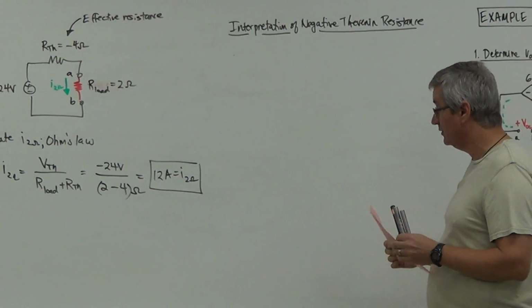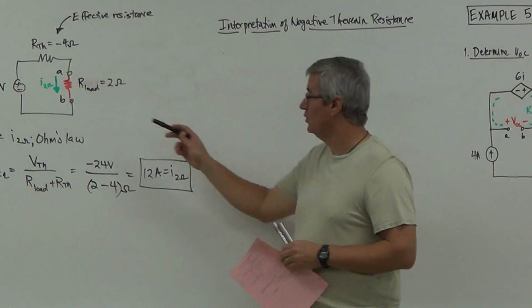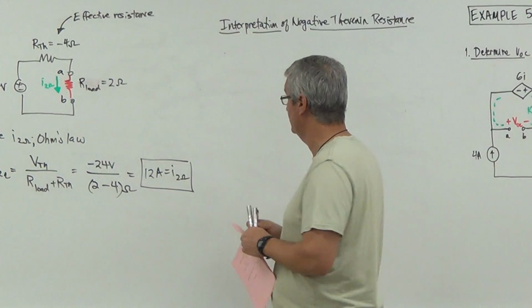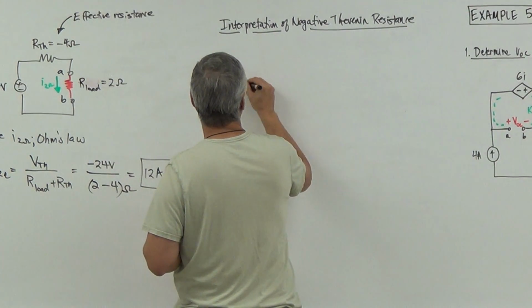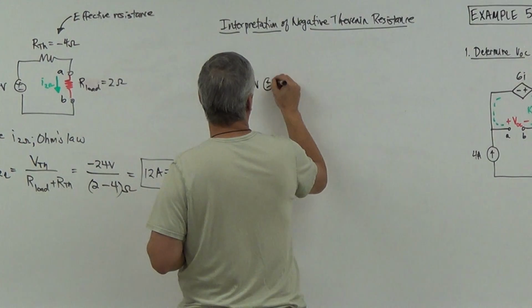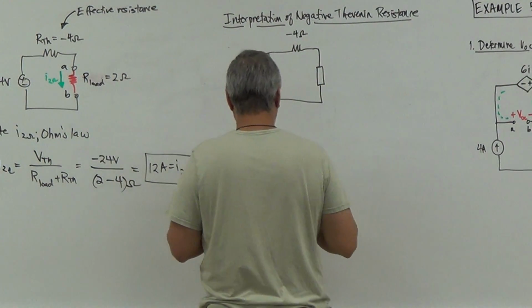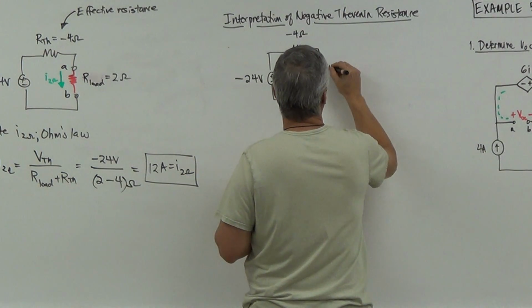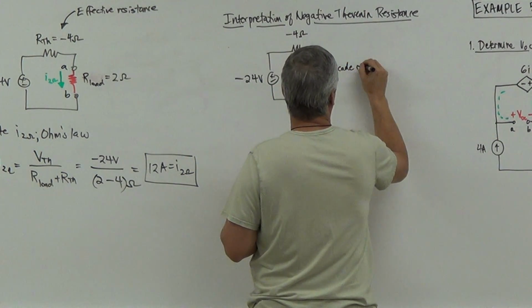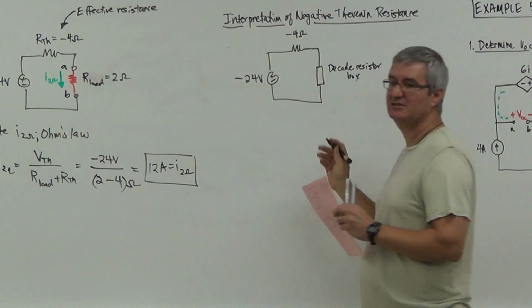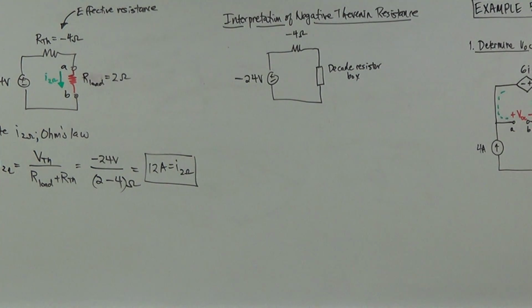Now, what I would like to do here is redraw the circuit again, but now I want to put a decade resistor box on it. So in other words, I have this circuit. And then here, I'm going to put a decade resistor box. So that means I can change that value to any value that I want.